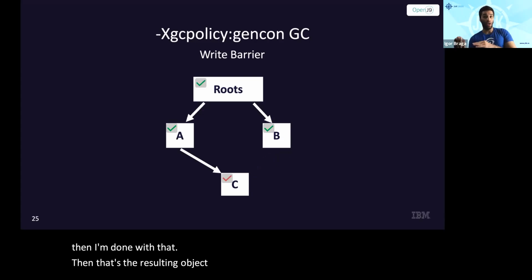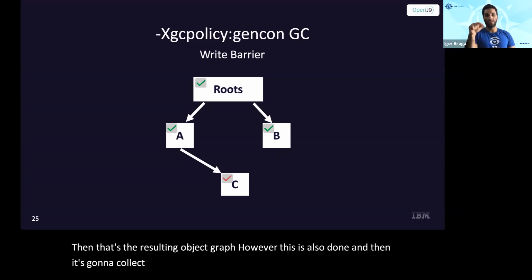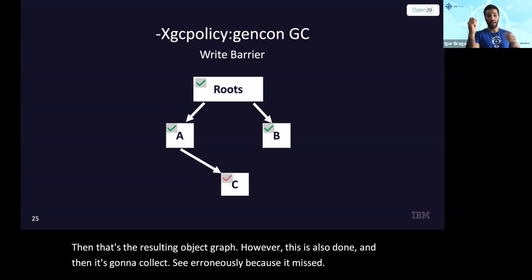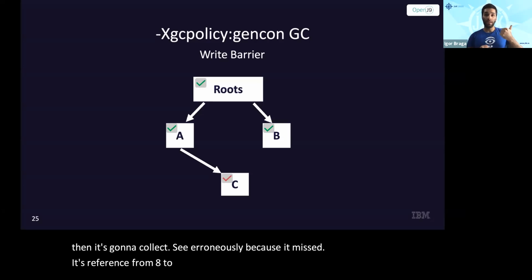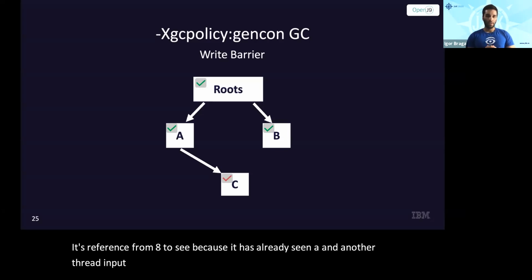However, GC is also done, and then it's going to collect C erroneously because it missed its reference from A to C, because it had already seen A and another thread put that reference there. So we need write barriers to prevent scenarios like this.